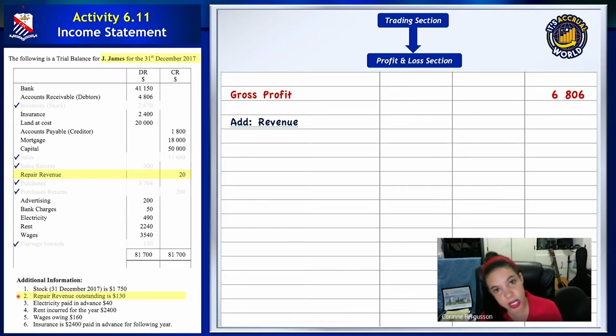What do you do with accruals? You add them. So you will go to your income statement, repair revenue, and it is 20, which is the amount in your trial balance, plus or add your accrual, which is 130.